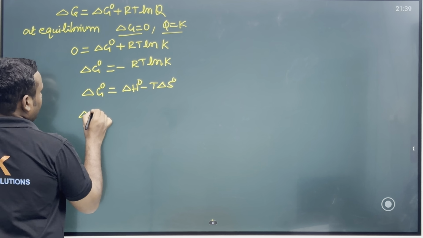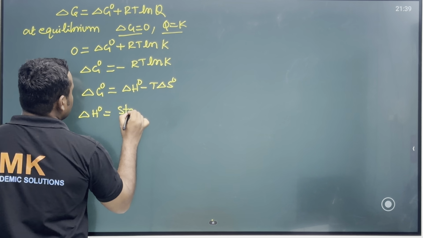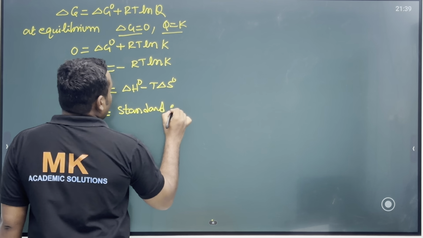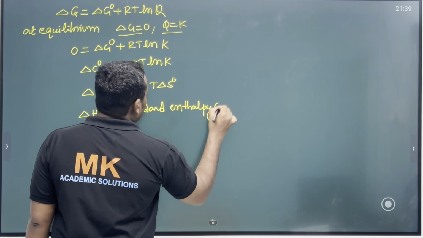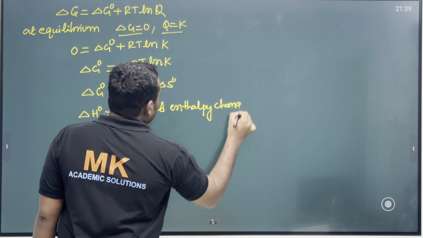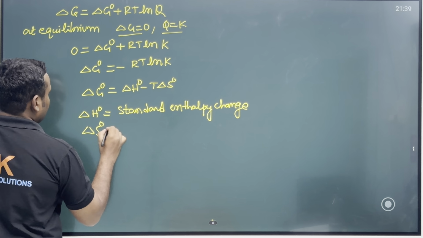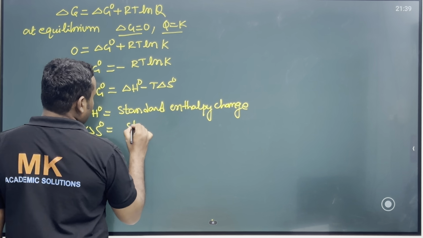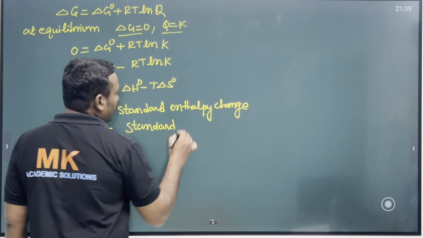Okay, delta H naught is the standard enthalpy change, and delta S naught is the standard entropy change.